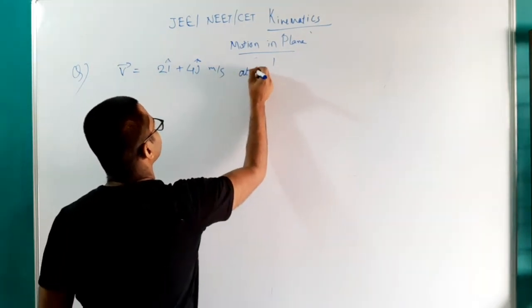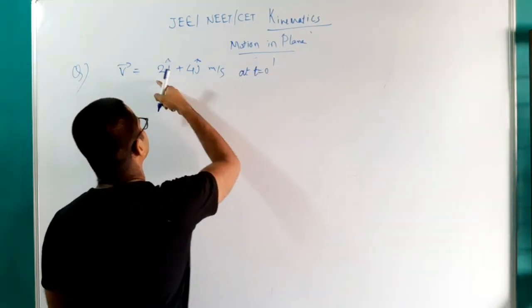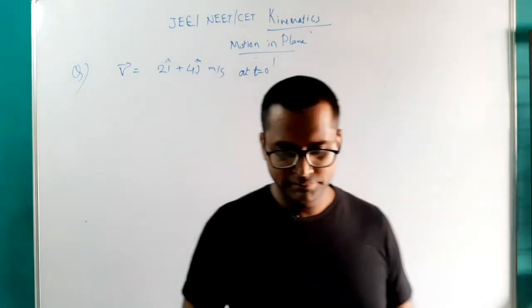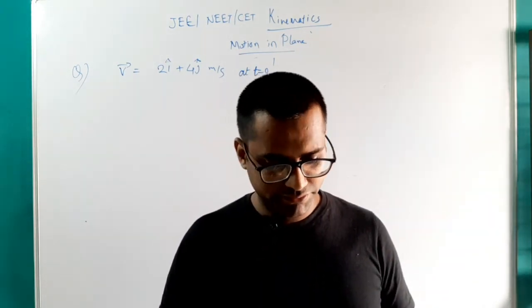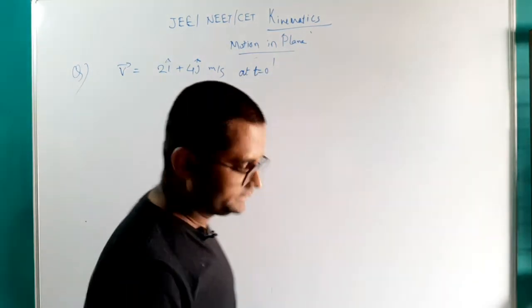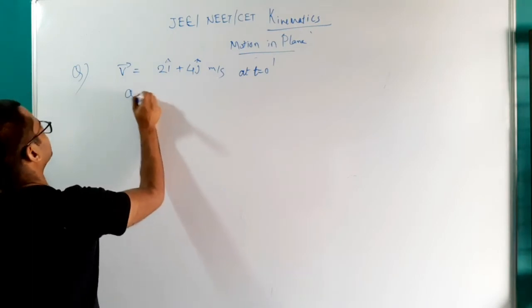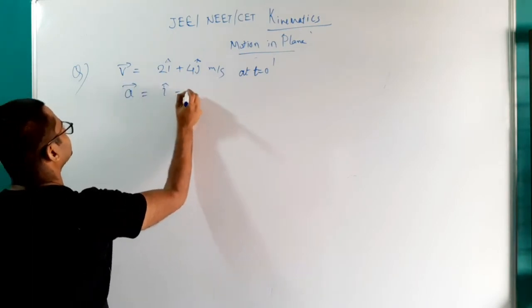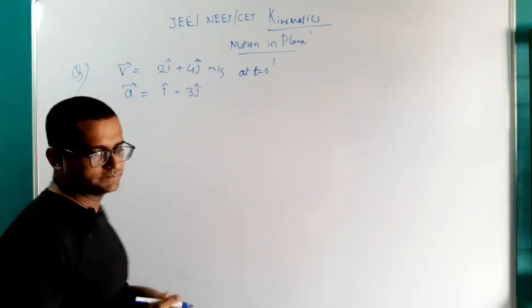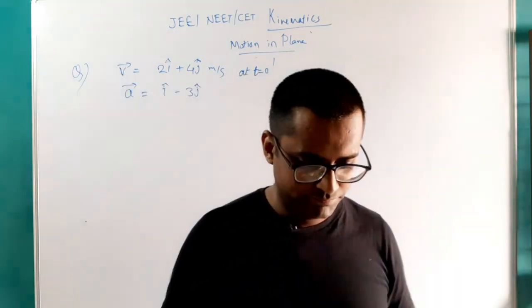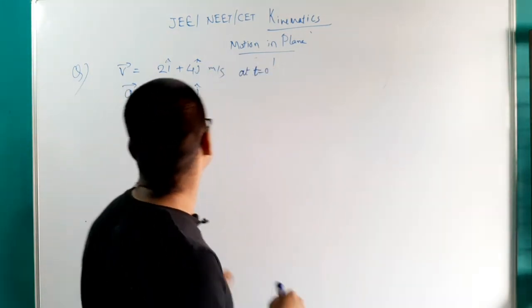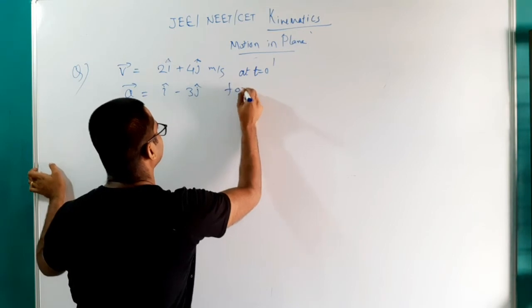So basically this is the initial velocity. It undergoes constant acceleration a equal to i minus 3j cap. This acceleration is acting for 4 seconds.